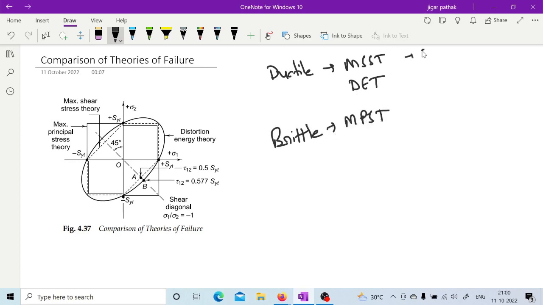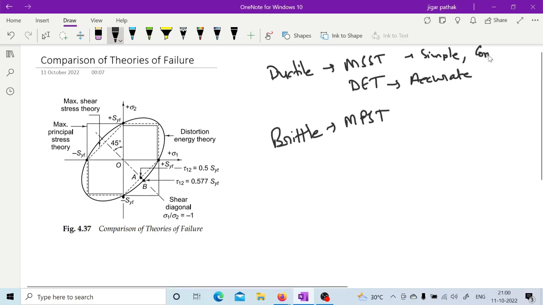MSST is simple, while DET is more accurate. Distortion energy theory is more accurate in comparison to MSST.